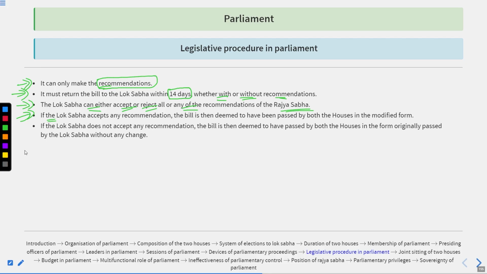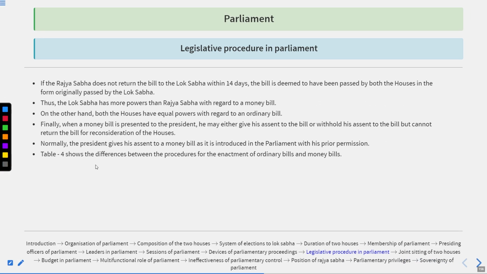If the Lok Sabha accepts any recommendation, the bill is then deemed to have been passed by both the houses but in a slightly modified form. If Lok Sabha does not accept any recommendation, the bill is then deemed to have been passed by both the houses in the form originally passed by the Lok Sabha without any change.